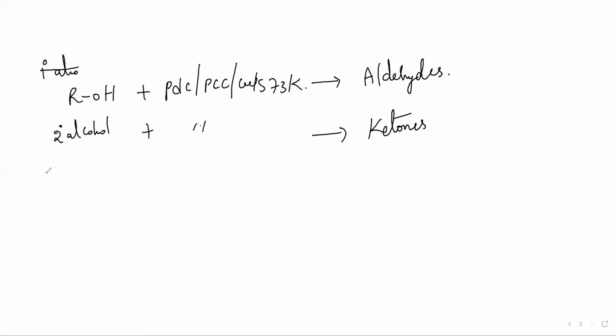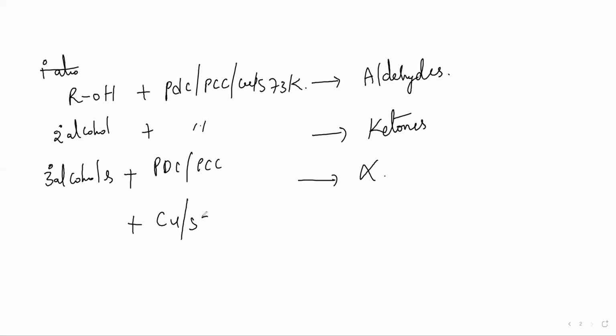Here, in the tertiary alcohol case, you have to understand one point. Tertiary alcohols don't react with PDC and PCC, so there will be no product with these oxidizing agents, but there will be a product with Cu at 573 kelvins. So tertiary alcohol with Cu at 573 kelvins gives the respective alkene.